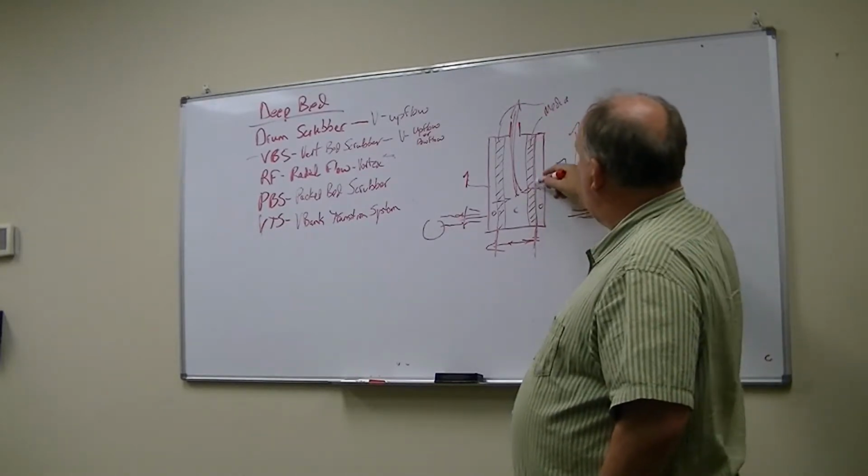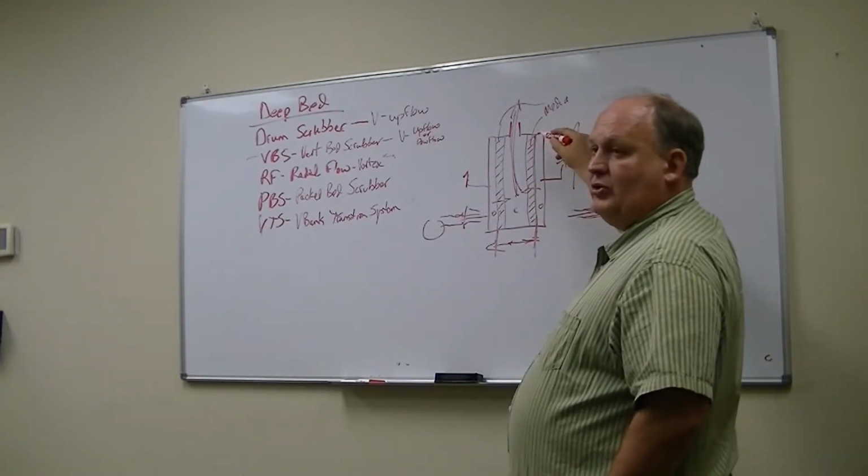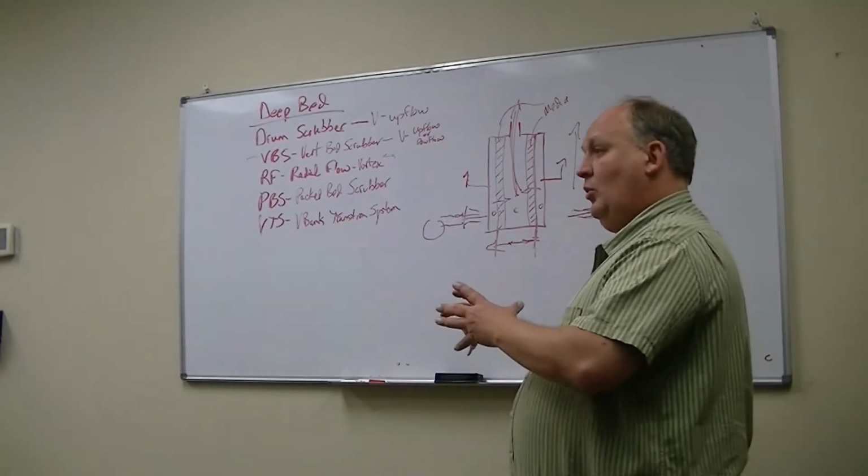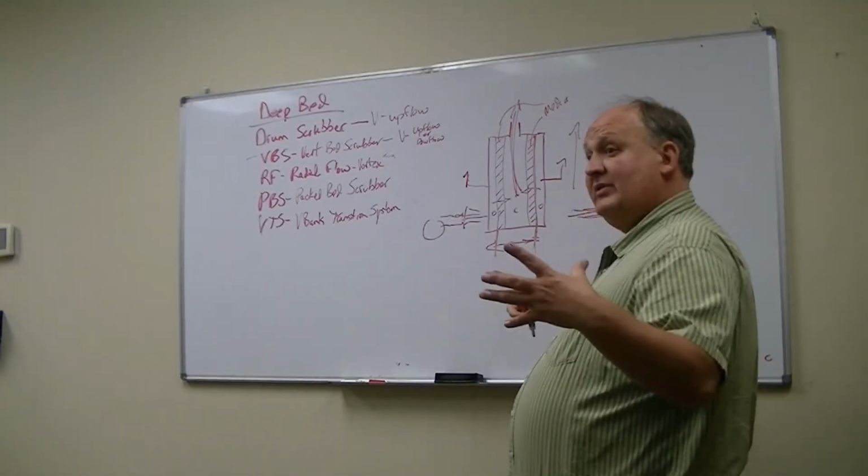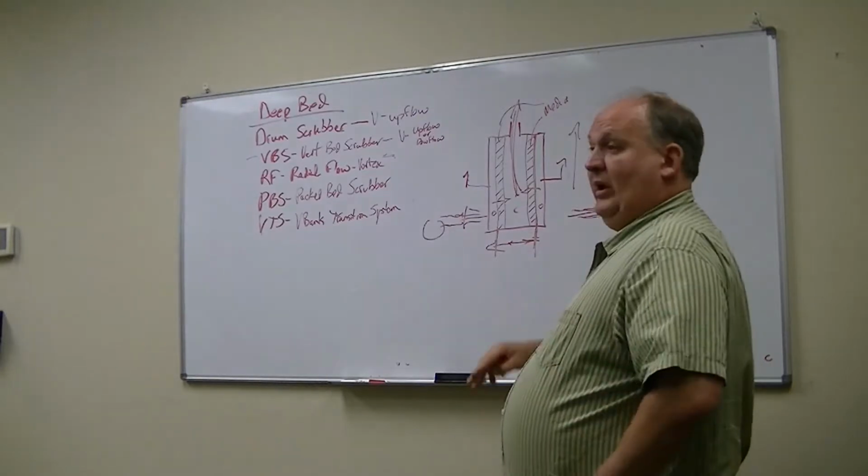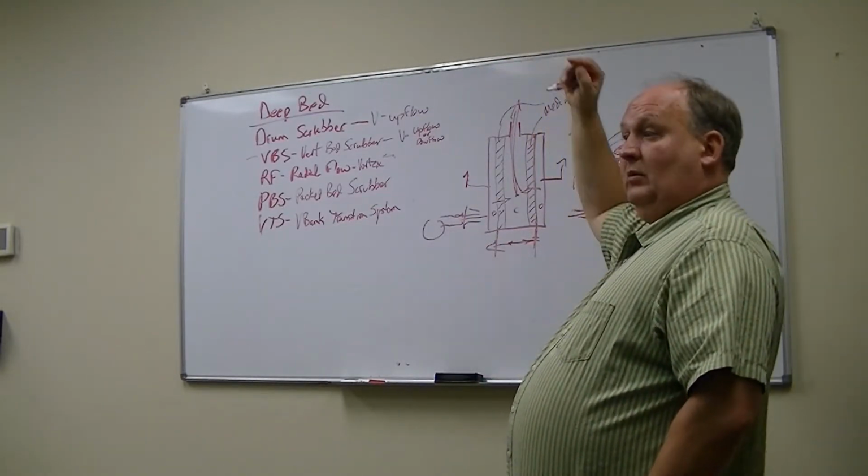So what we're doing is just making this cylinder larger. So how do we make the cylinder larger? Well, we can increase the diameter of the cylinder, and we can increase the height of the cylinder as well.